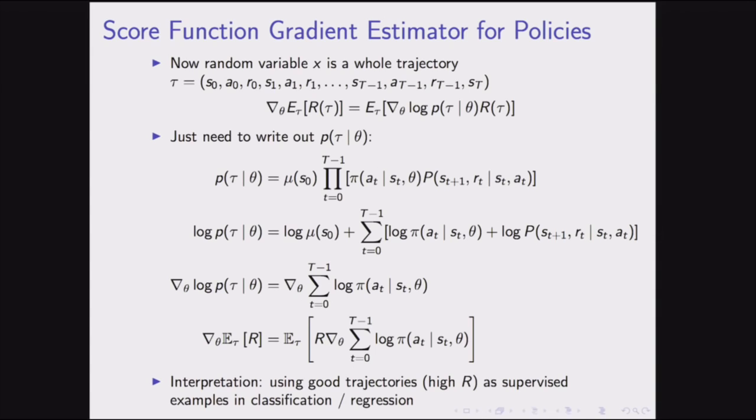And you can think of this as being similar to supervised learning, where we treat the good trajectories with high rewards as positive examples in our supervised learning problem. So we're using those to train the policy on which actions are good. We're basically treating those actions as positive examples.